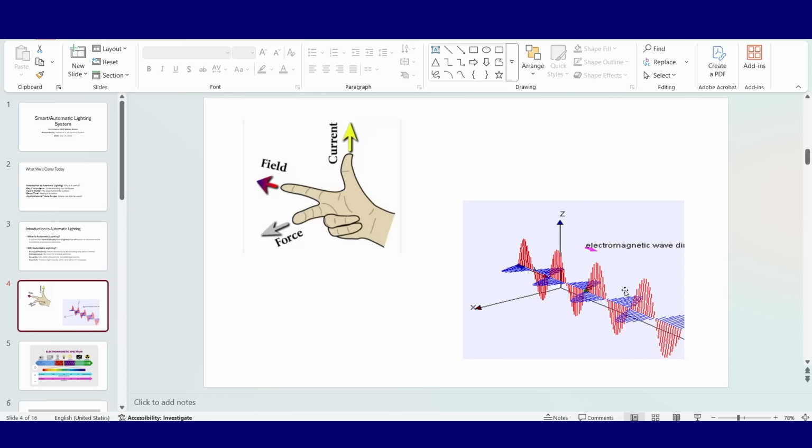Now if I want to represent it in the three-dimensional view, this is the picture. On the x-axis, the blue color one is the current traveling in this direction. On the y-axis or the z-axis that you see is the magnetic field, red color. So it is perpendicular to this electric field.